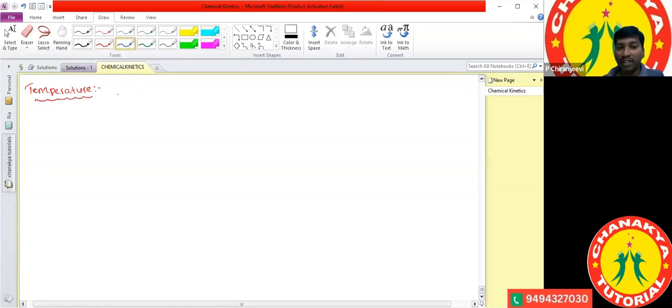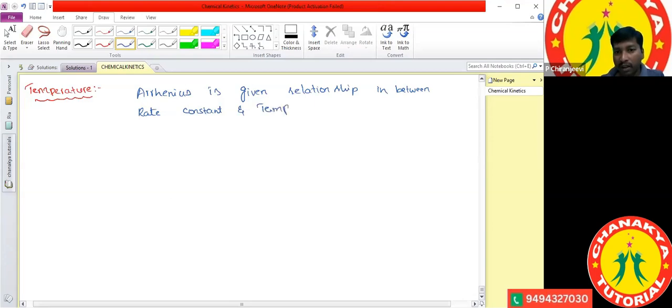So which scientist has given the exact relationship between the temperature and the rate constant? Arrhenius.